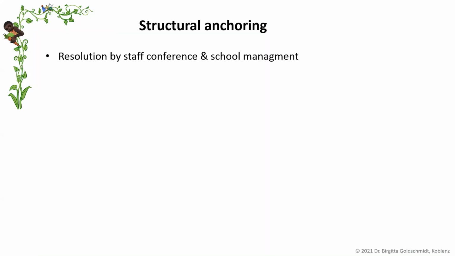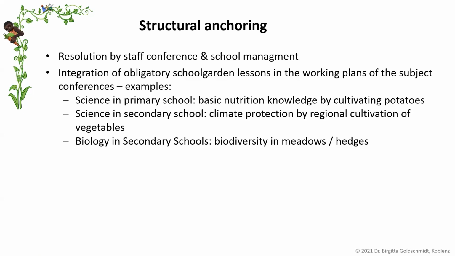And this is the last thing I want to say: the good structural anchoring of the school garden in school. What is needed for that? You should have a resolution by the staff conference and the school management which says we have a school garden and we use the school garden.